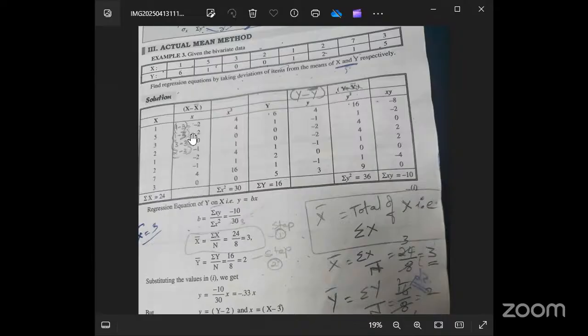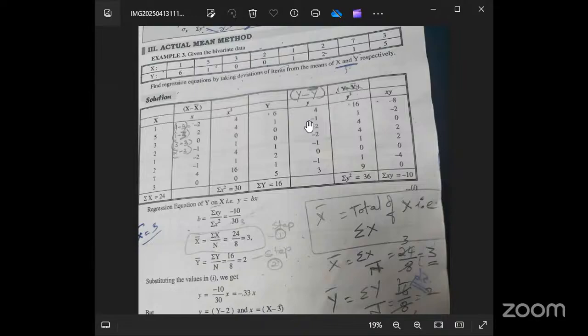Similarly, we need to do it for y also, like y minus y bar. So that gives you small y. What is y here? 2. 2 minus 4. y is how much? 6. 6 minus 2, we get 4.